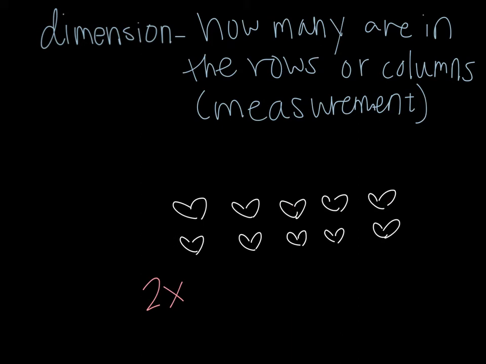So our dimensions would be 2 by 5, or we're going to switch those two numbers around and make them 5 by 2. Either way, our answer and our total number of hearts would be 10 hearts. It doesn't matter how we multiply those two numbers, the answer will always be the same.